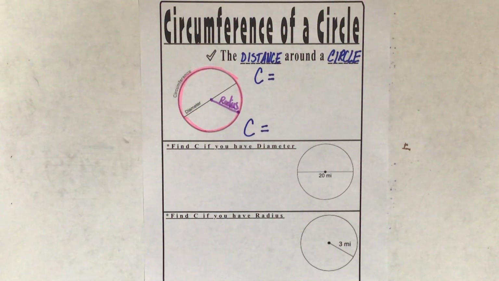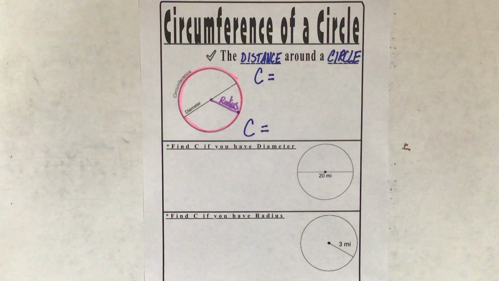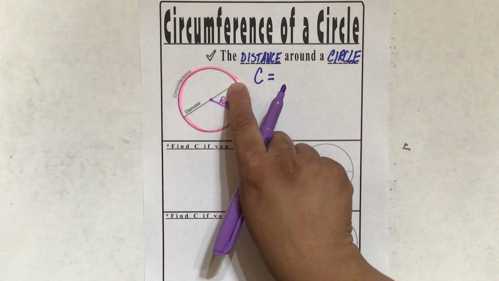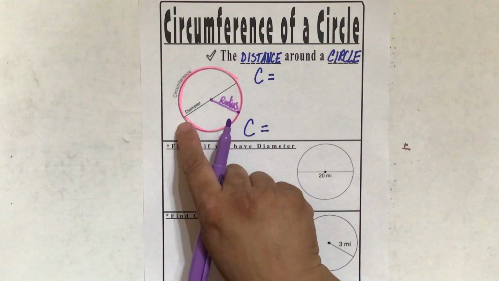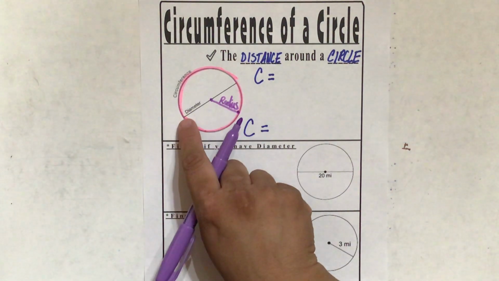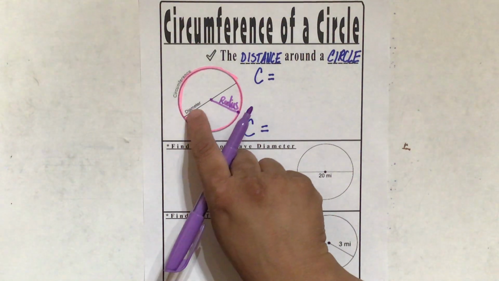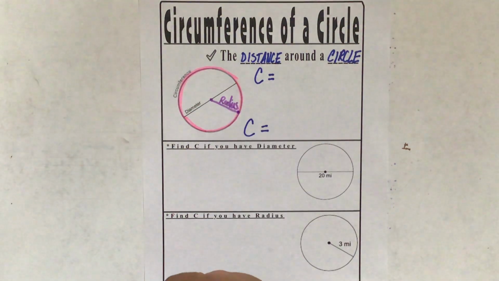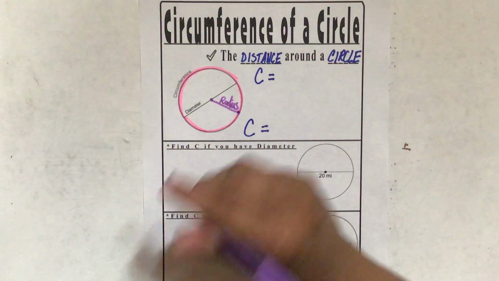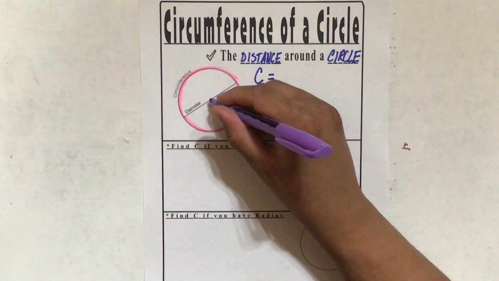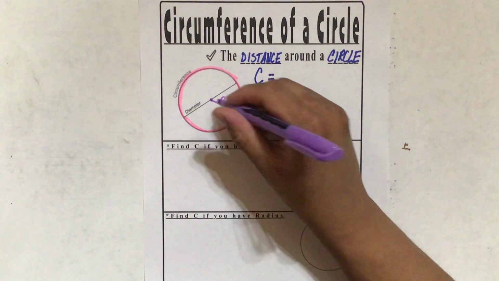Which we represent as R, okay? Now, if you notice, there's a new word here. This is called diameter. So the diameter of the circle is when you go from one point on the circle and you cross the center and go all the way around to the other side of the circle. So if you notice though, a radius is from the center to the side.